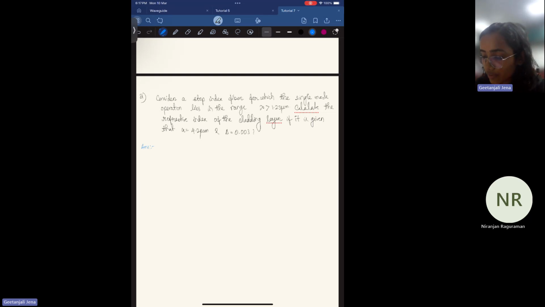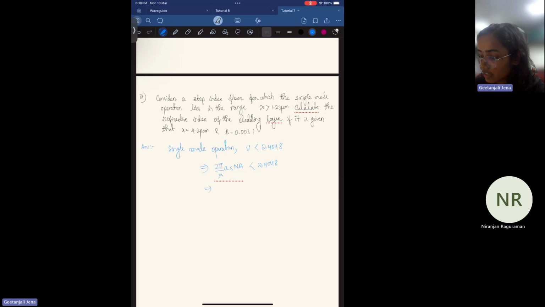So for single mode operation, what we want is that the V value should be less than 2.4048. So you can write this as 2 pi over lambda times A times numerical aperture, less than 2.4048.